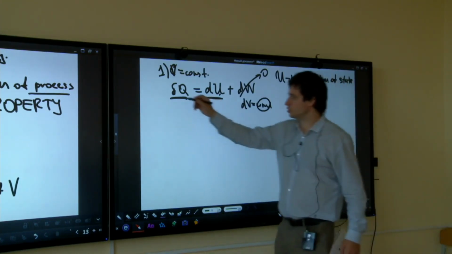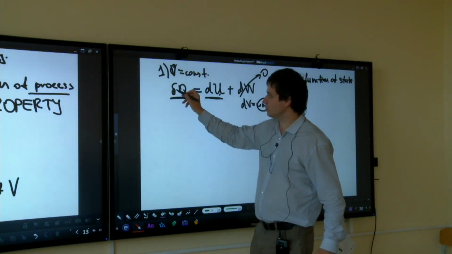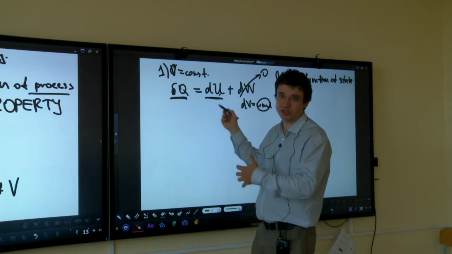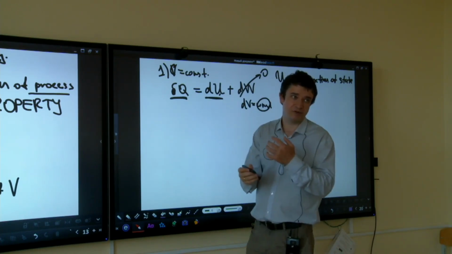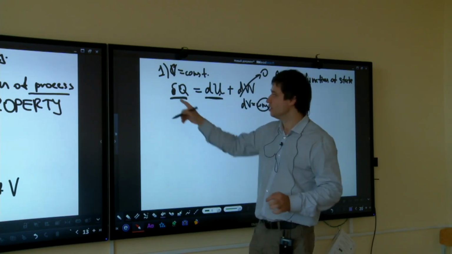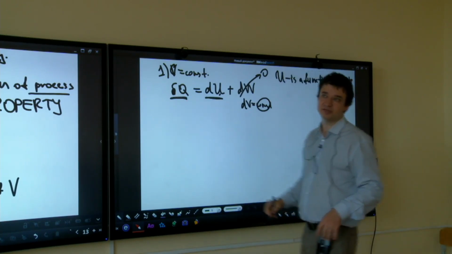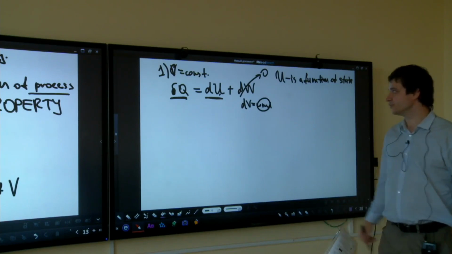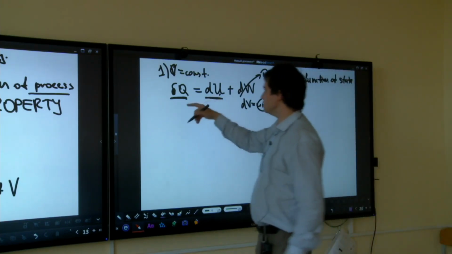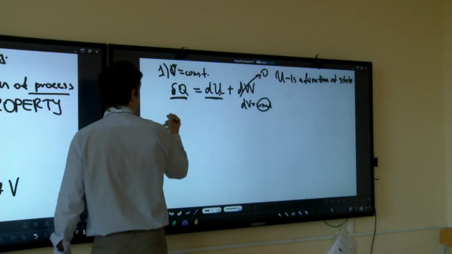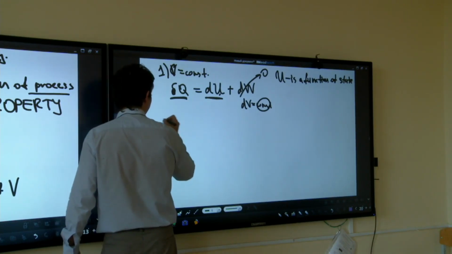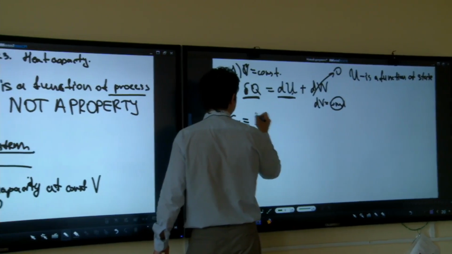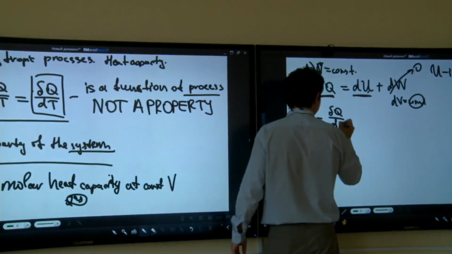So in order to make a distinction between functions of state and other quantities which are not functions of state, I use this small Greek letter delta for small increments of the amount of heat. Okay, so now I have this dU. By definition, the heat capacity at constant volume is delta Q over dT.